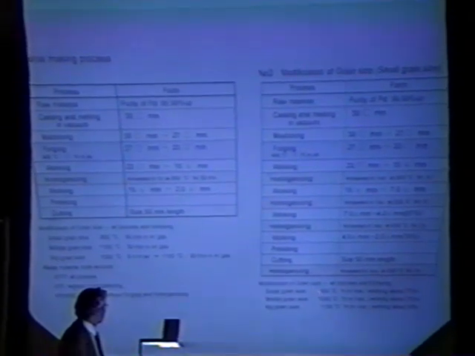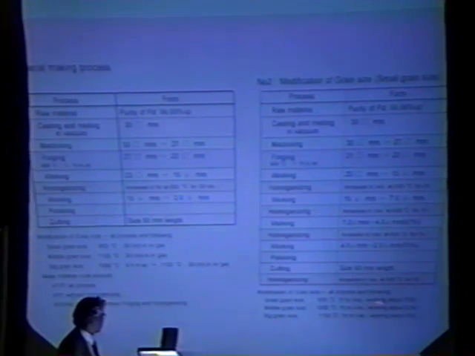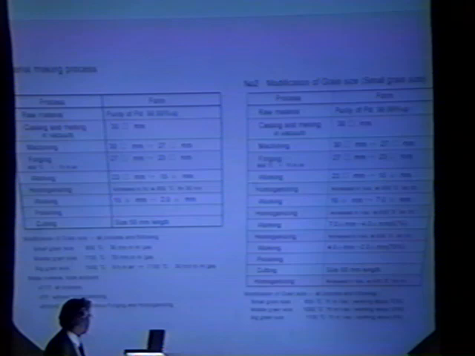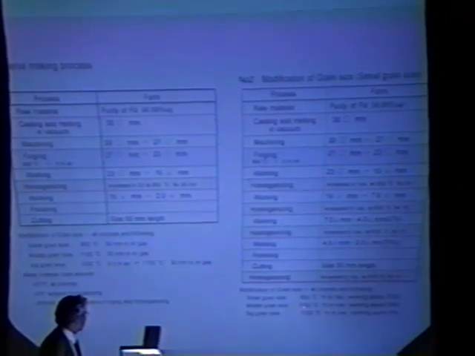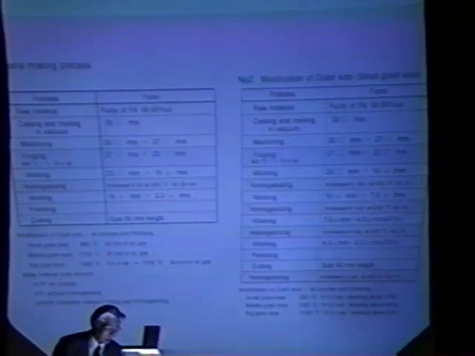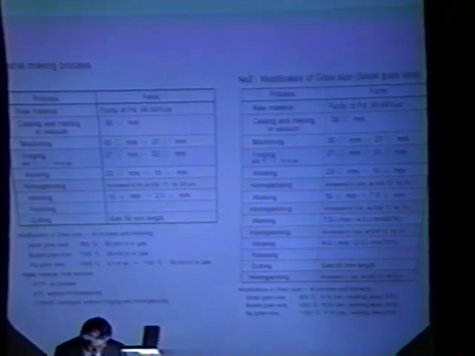For grain size control, for the small grain size, 650 centigrade in vacuum is applied, for the middle grain size, 1000 centigrade, and for the large grain size, 1100 centigrade in vacuum.